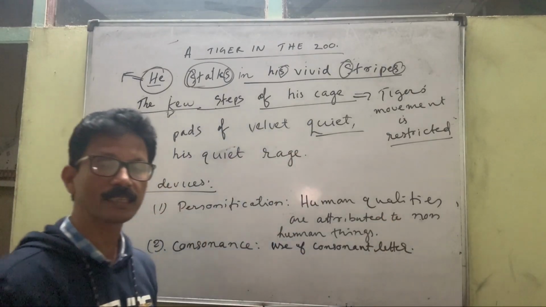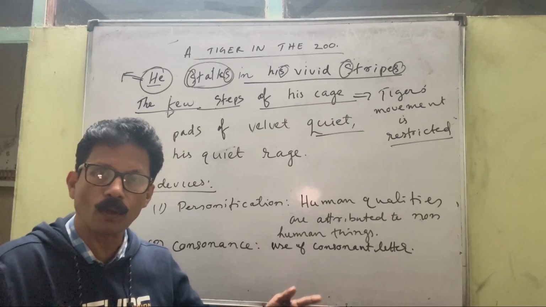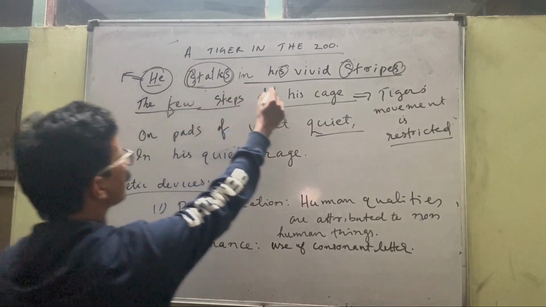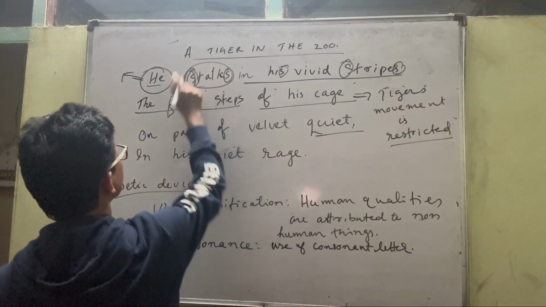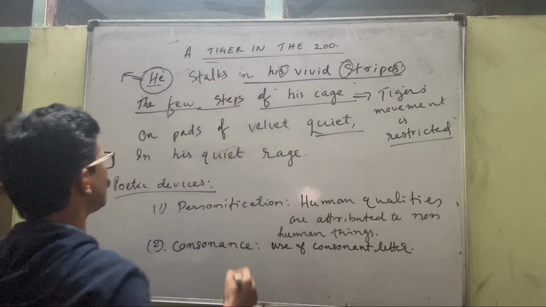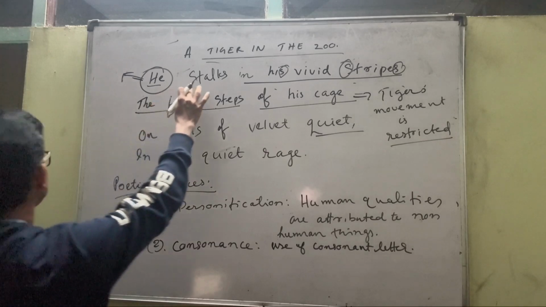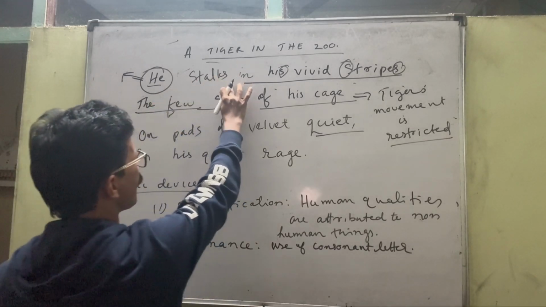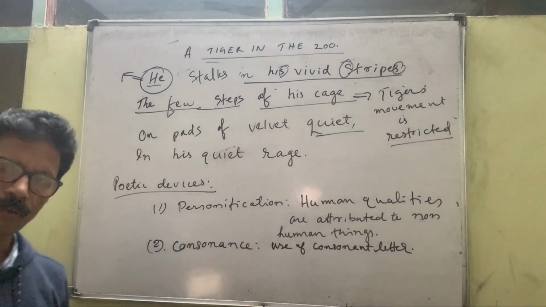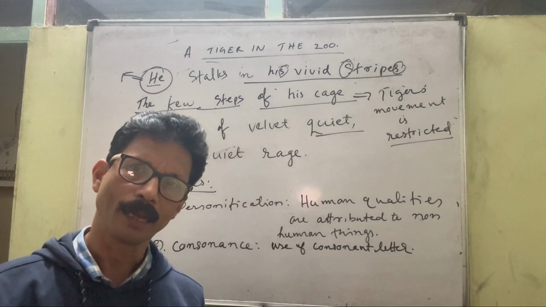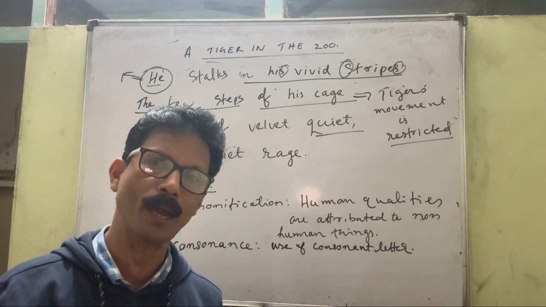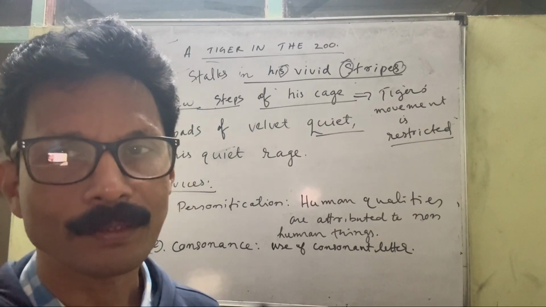For example, you see here, he stalks in his favorite stripes. You see stalks, his, stripes. In this way you can see that the consonant letter S is repeated several times. So this is an example of consonance. This is the second one.